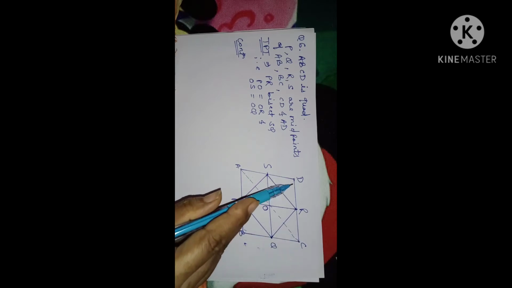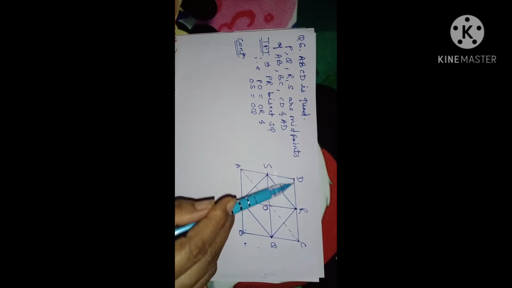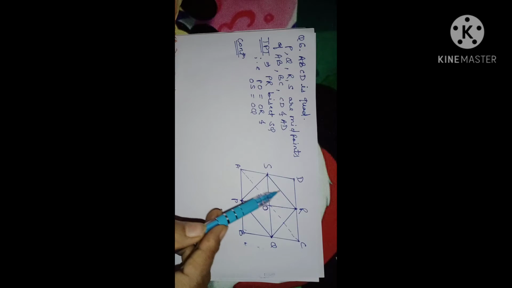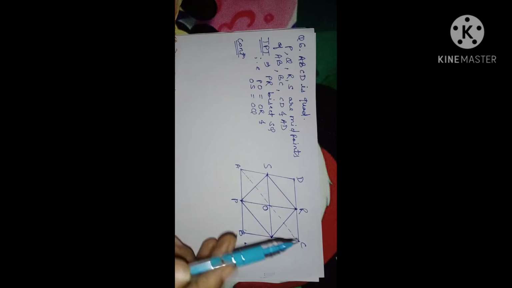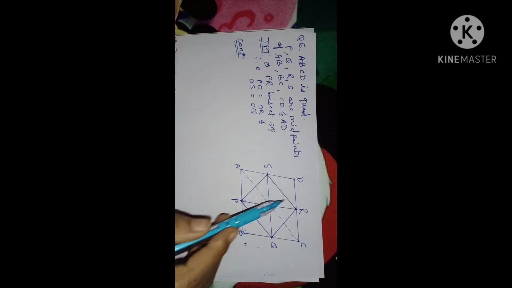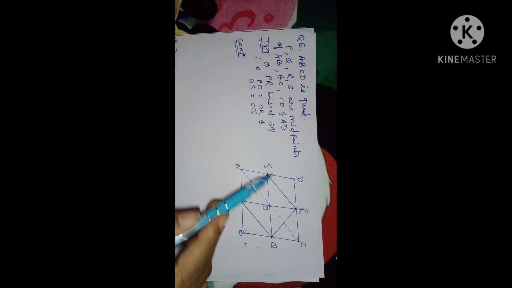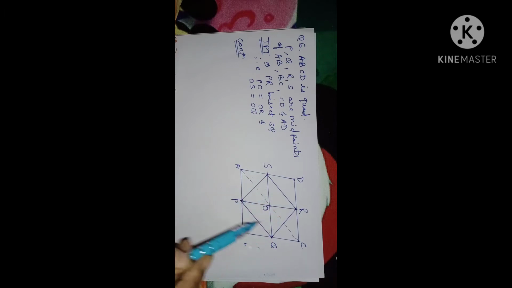Then in triangle ADC, S is a midpoint of AD and R is a midpoint of CD. So, by midpoint theorem, RS is parallel to AC and RS is half of AC. Now, comparing 1 and 2, we get PQ equal to RS and PQ is parallel to SR. So opposite sides are equal as well as parallel, hence PQRS is a parallelogram.